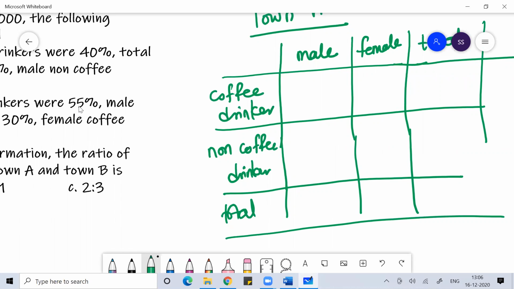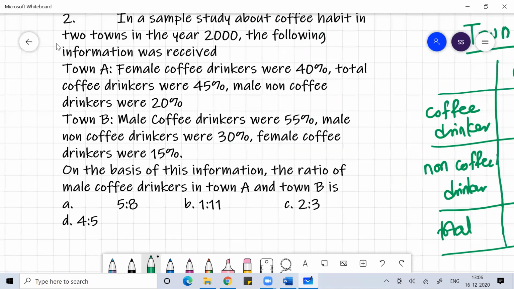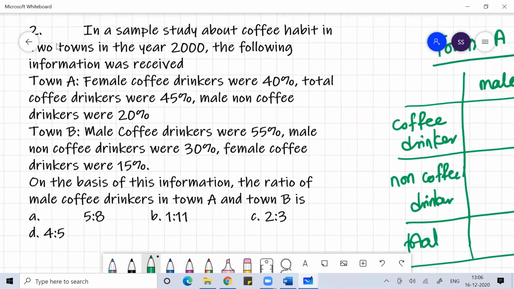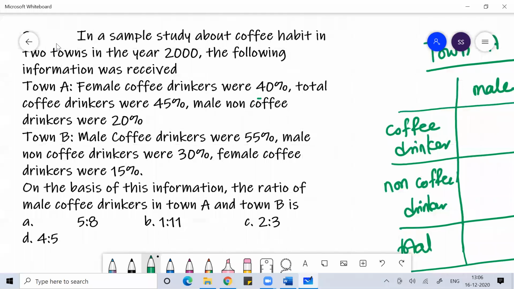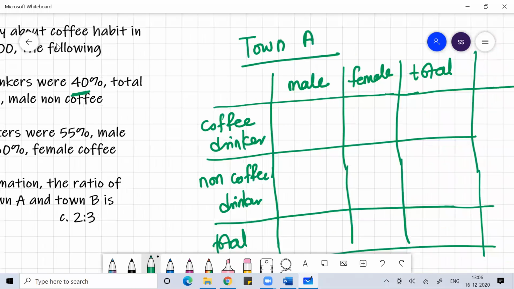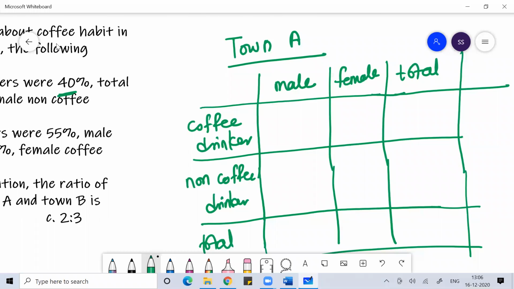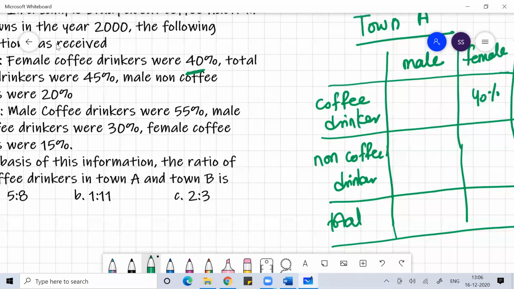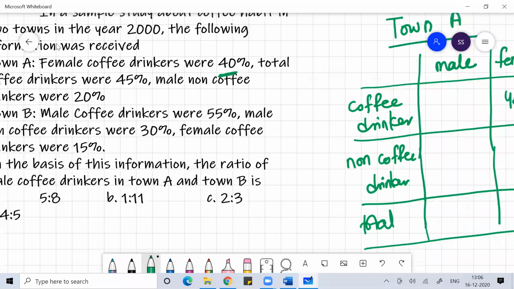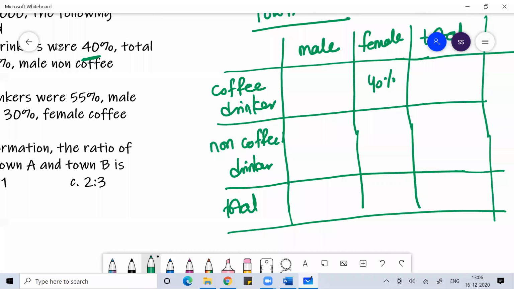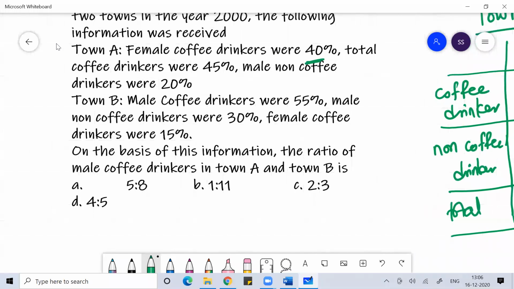So see this everyone. Ask me if anyone has any doubt. For town A, female coffee drinker is 40%. Total coffee drinker is 45.